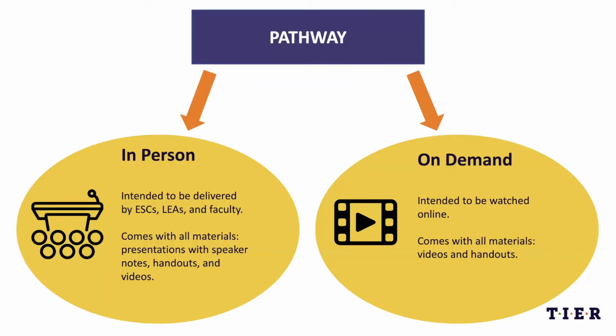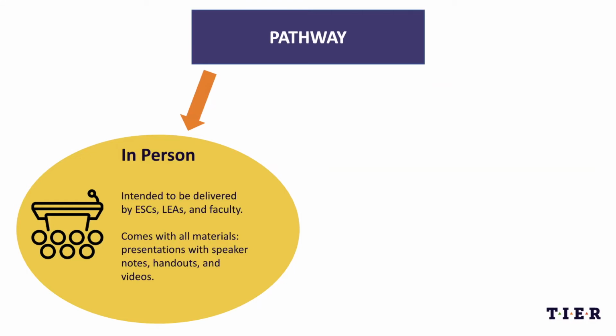Now, as we talked about in another webinar, the pathways are intended to be delivered in two different ways. One is in person, and the other is on demand. We anticipate that lots of people will access the TIER pathways by attending an in-person training. These are intended to be delivered by trainers at the educational service centers, at local education agencies, or by university faculty.